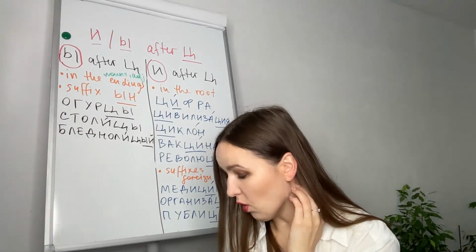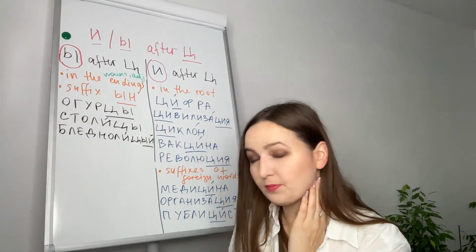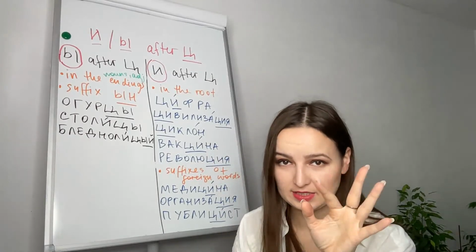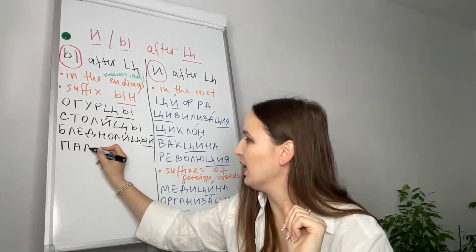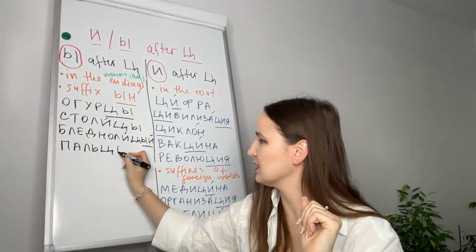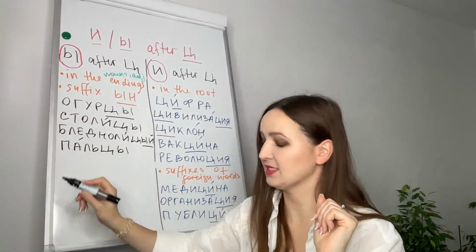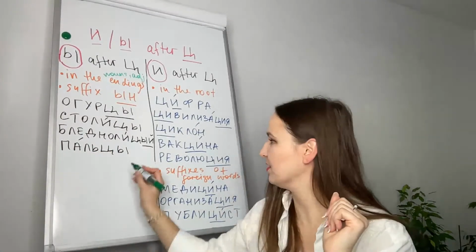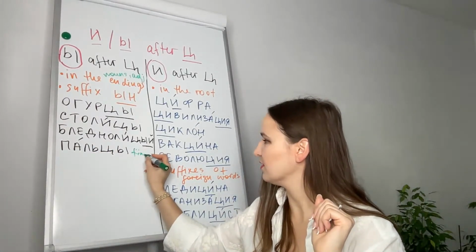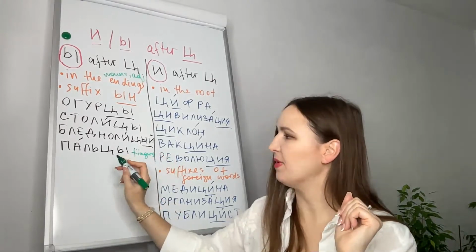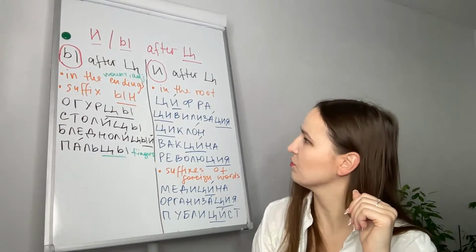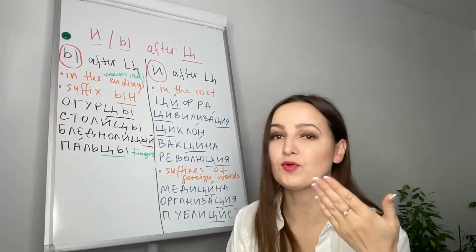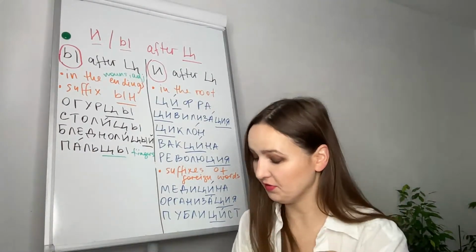Очень хорошо. Продолжим. What else? Пальцы, fingers. Again, the same situation here. In the endings of nouns and adjectives, we'll write «ы».